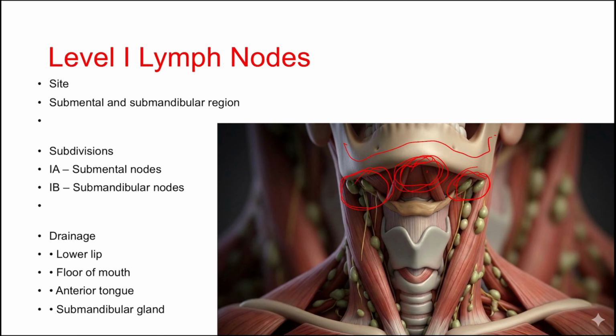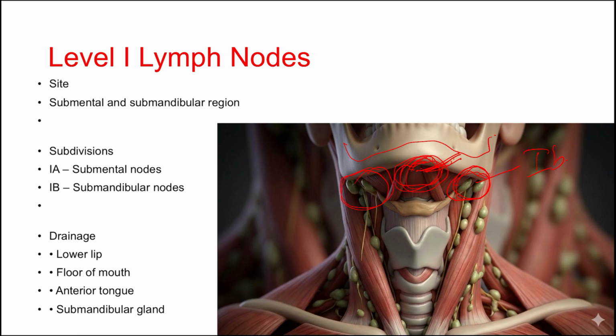The submental region will be labeled level 1A and the submandibular region will be known as level 1B. So these are divided into level 1A and level 1B lymph nodes.